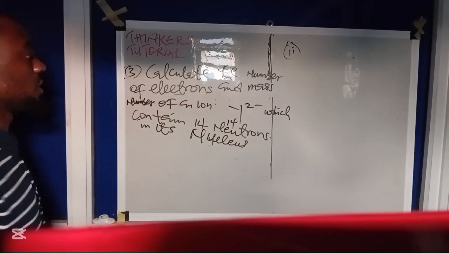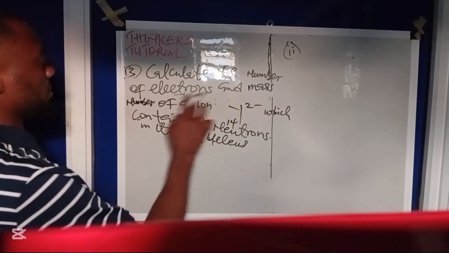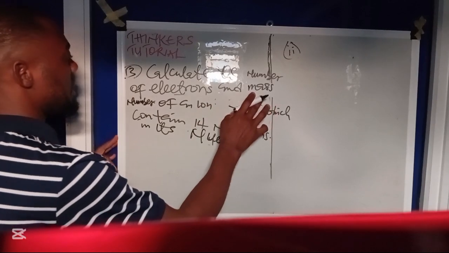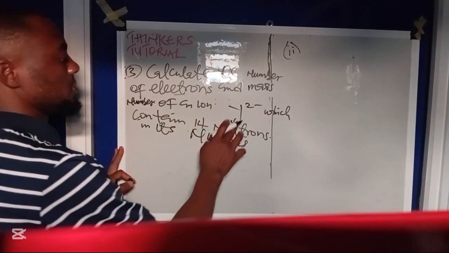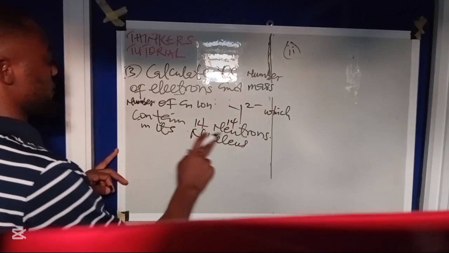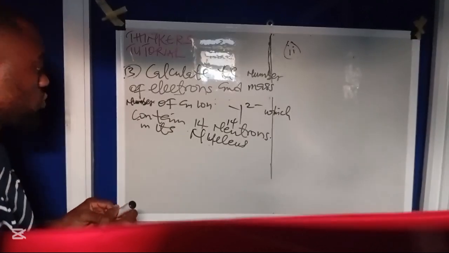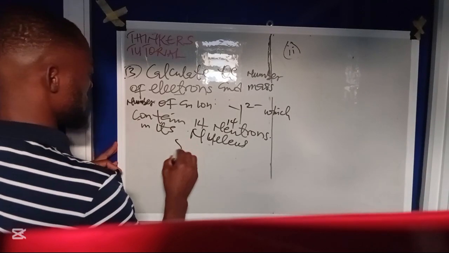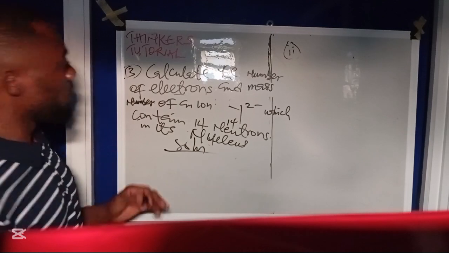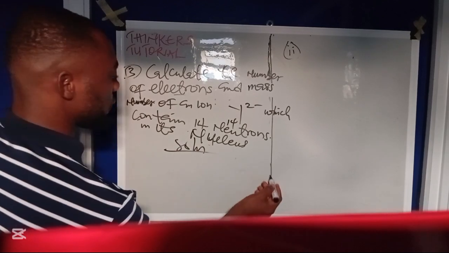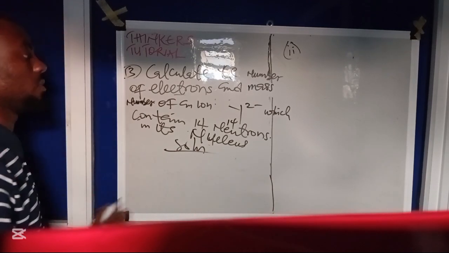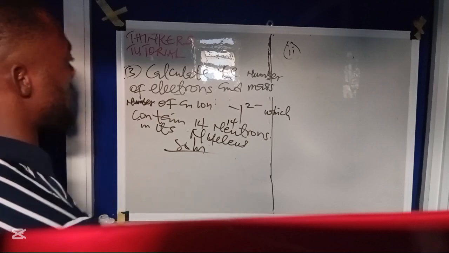This is our third question. Calculate the number of electrons and the mass number of an ion which contains 14 neutrons in its nucleus. Yes, we are going to start the solution. We write out the parameters, that is what they give to us. Then from what they give to us, we're able to get what we are looking for.